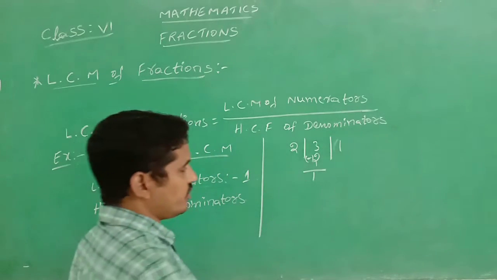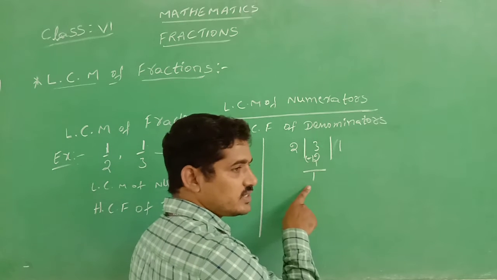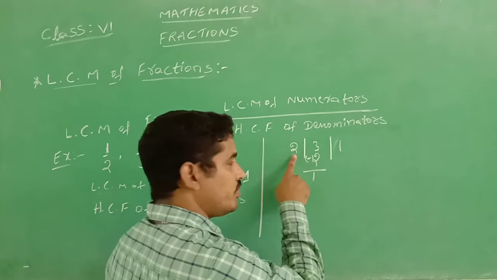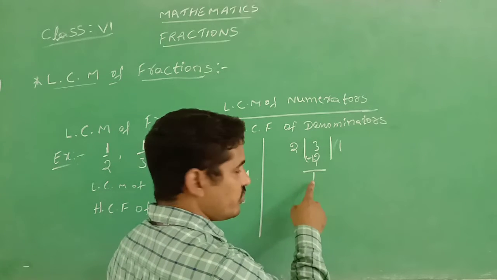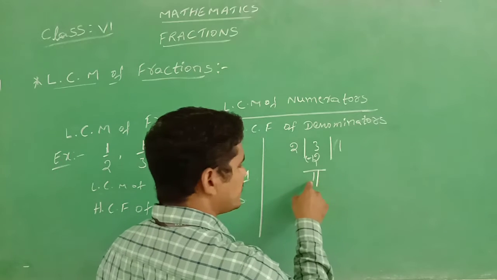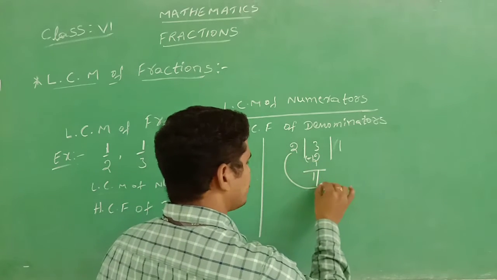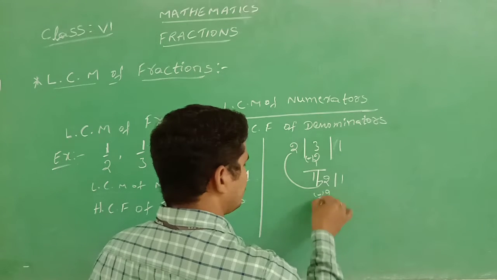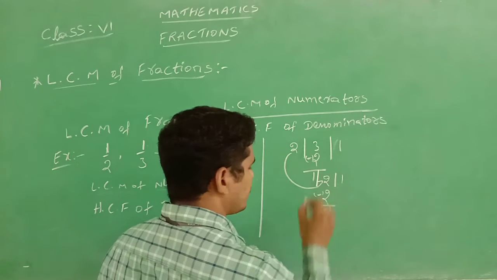If the remainder is 0, then this divisor will be the HCF. But here the remainder is 1, not 0. So again, taking this 1 as the divisor, we should divide 2. 2 ones are 2. Now if we subtract, 0 will be the remainder.